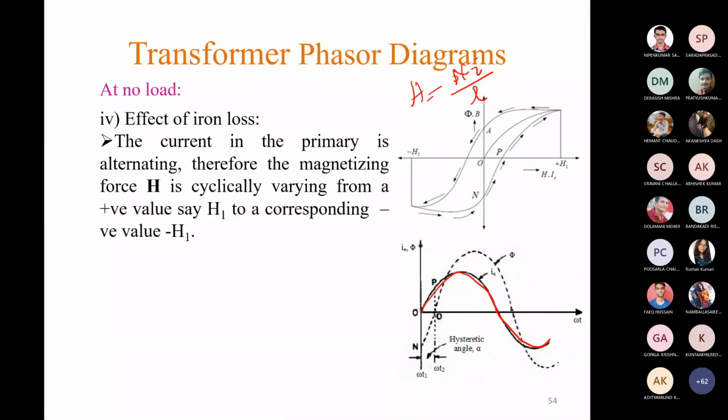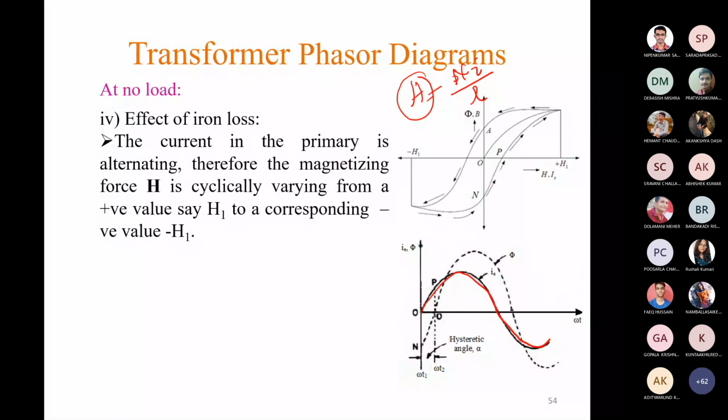Okay, so if I is sinusoidal in nature, then this H is also sinusoidal in nature. So when I varies sinusoidally, this H will also vary sinusoidally.